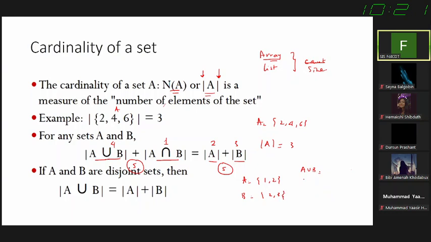So if A and B are disjoint, A union B would be 1, 2, 3, 4. So the cardinality is 4, and A is 2, B is 2. So here the cardinality is 4. So they are equal. Okay.